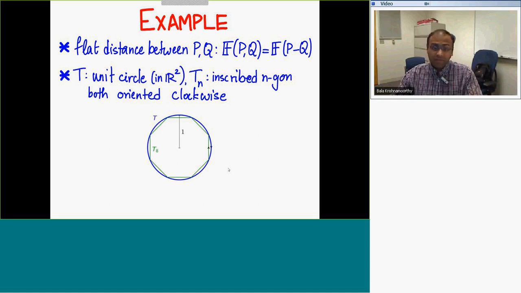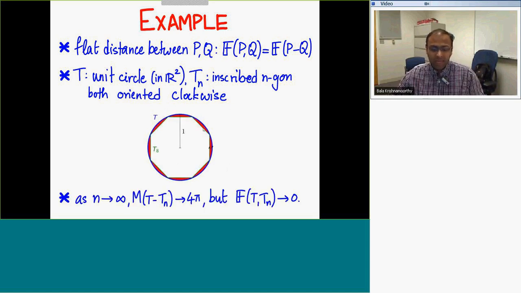And that flat norm would just be the area between those curves, which I've shaded here in red. And it's easy to see that this goes to 0 as I increase n, because Tn gets closer and closer to the circle. But the mass goes to 4 pi. Well, 2 pi for the circle, and the n-gon also will have a length tending to 2 pi. So you add up and you get 4 pi. So indeed, the flat norm is a natural distance.